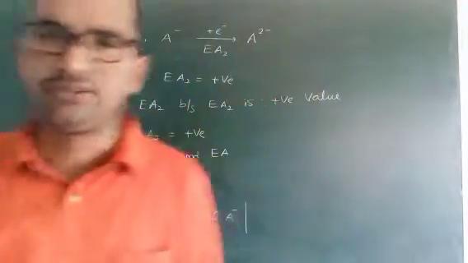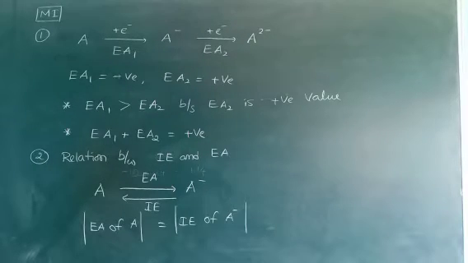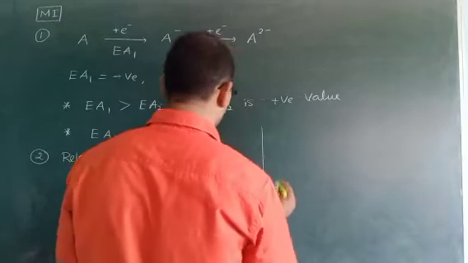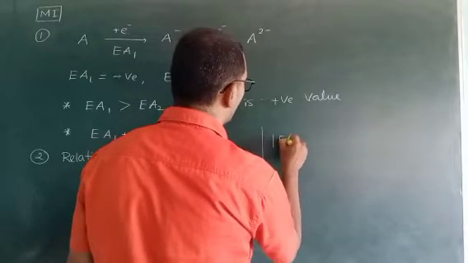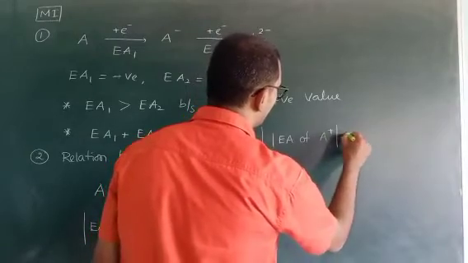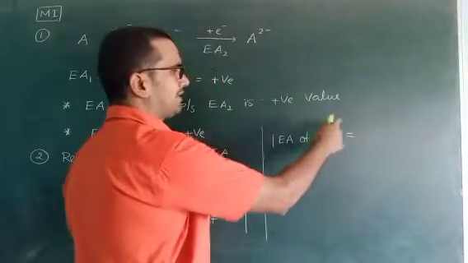Not only this one, write two more, but don't get confused. EA of A plus, same mod. EA of A plus means adding one electron to A plus.